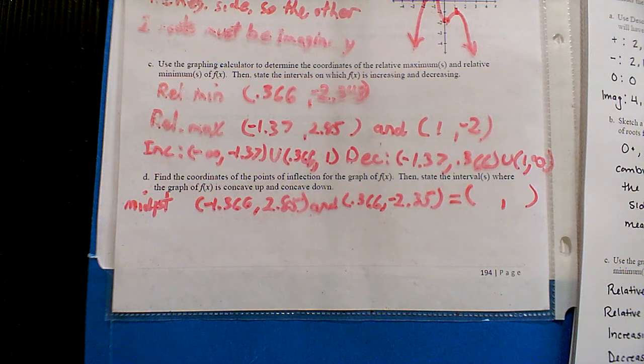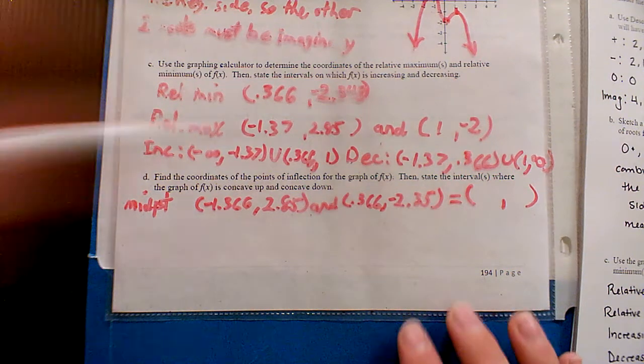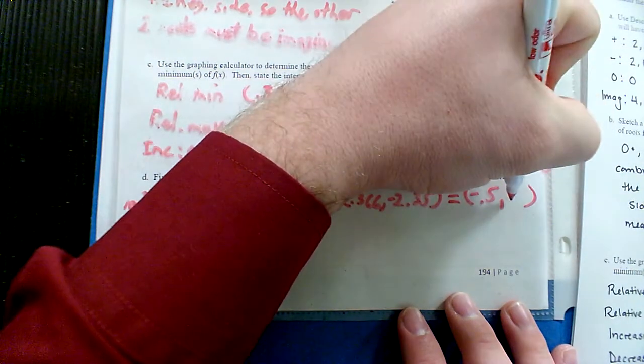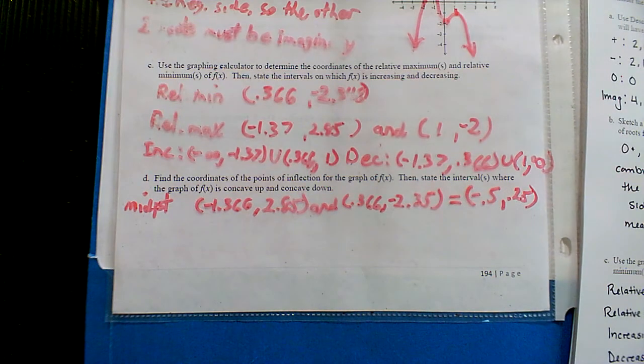This will give you one of your inflection points. Negative 0.5 and 0.25. So that is one of your inflection points.